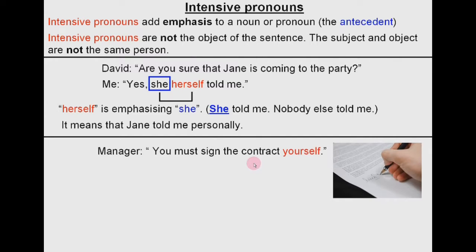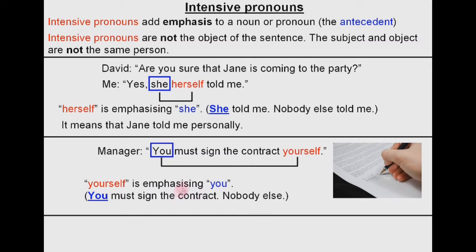You must sign the contract yourself. So yourself is emphasizing the word you. We are emphasizing the subject. You must sign the contract, nobody else. So here, the intensive pronoun yourself is intensifying or emphasizing the subject you. Okay?